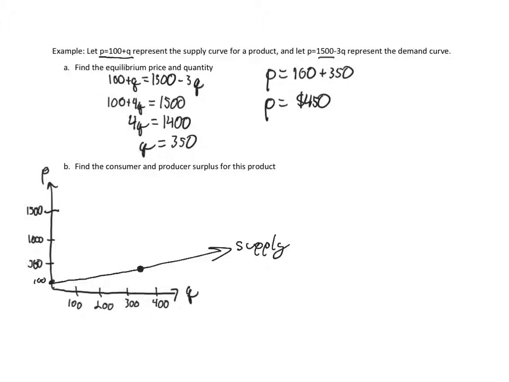Similarly, for my demand curve, I know the y-intercept is 1,500, and it must also go through this point. So there's demand. So pretty easily I can sketch these two graphs, and once I have the graphs, then I know how to do consumer and producer surplus.